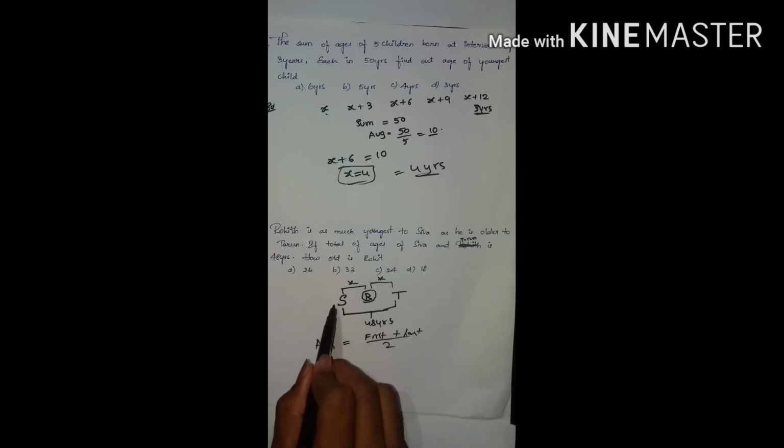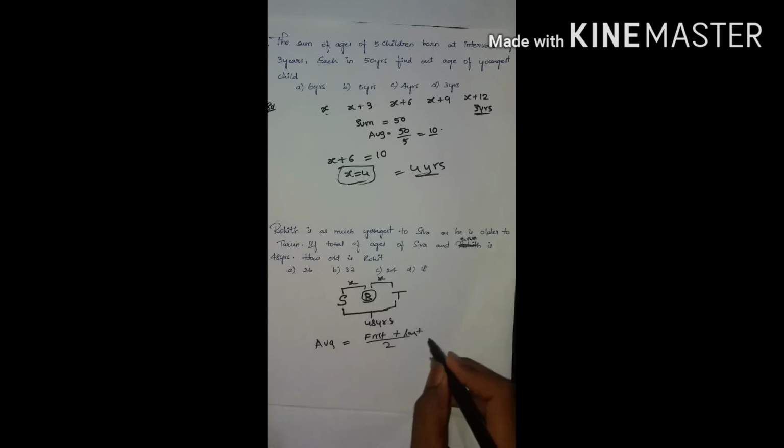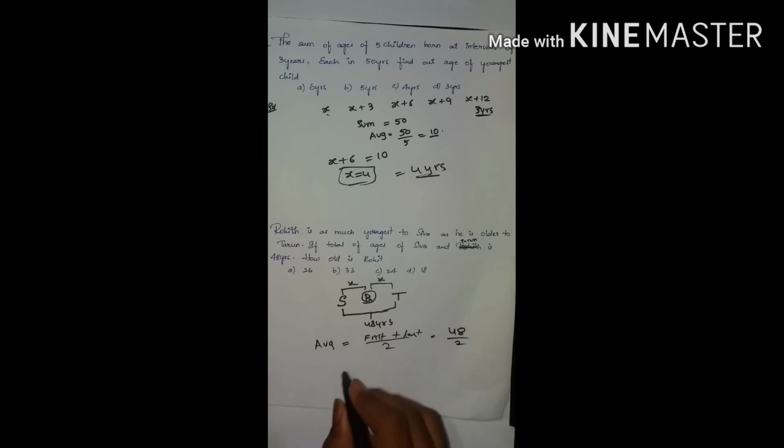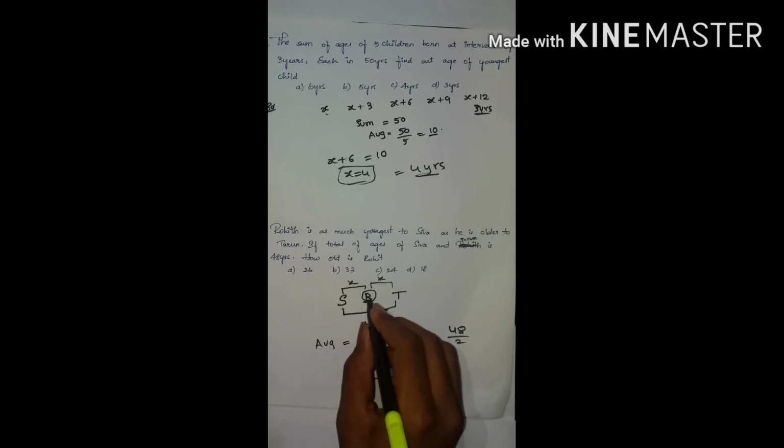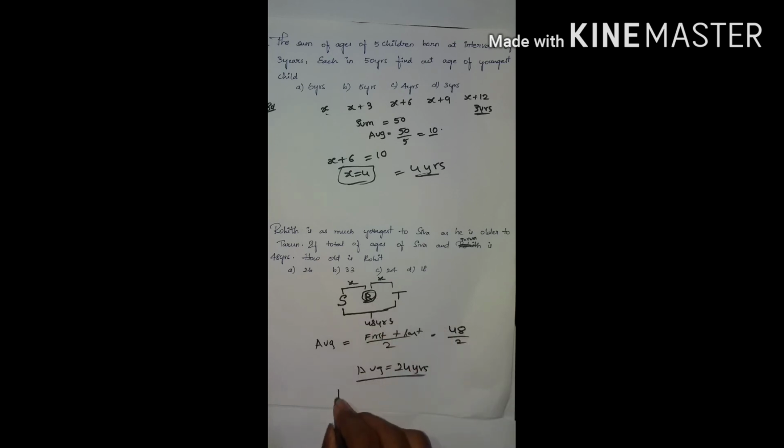As we know that the total ages of Shiva and Tarun is 48 years, that means first term plus last term is 48, divided by 2. So the average is 24 years. So the middle term is Rohit. So Rohit's age is 24 years.